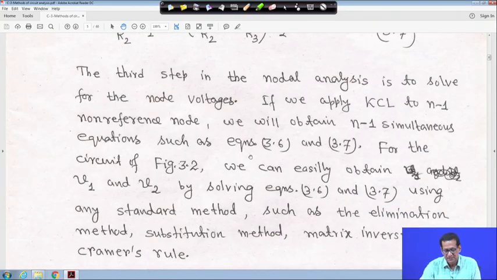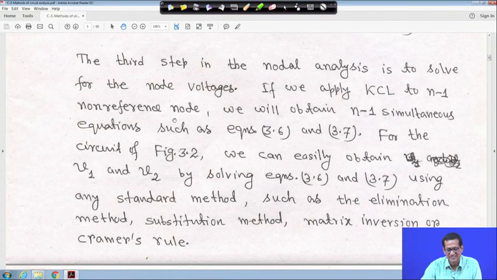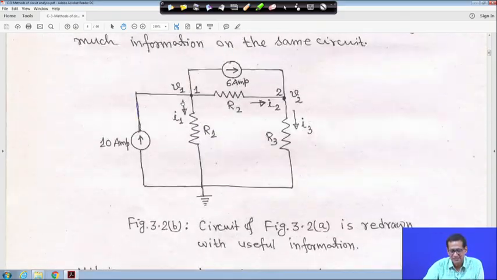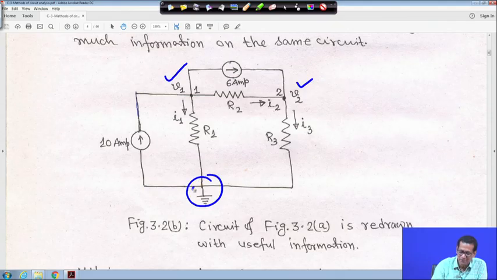These are all simple, no need to clarify again what I said. In this circuit you have this one node, node 2, and the datum node 0, so V₀ is equal to 0.